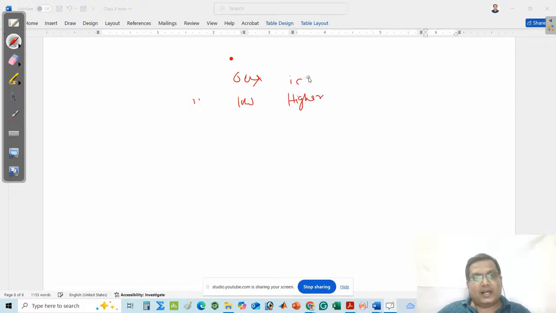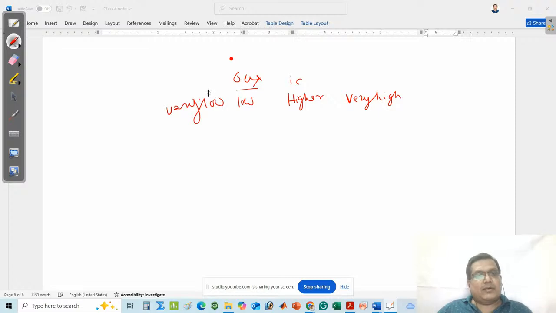If the oxidation number increases again, that means very high. You can write here very high. Here you can also write very low, very low as compared to the OUS. Very high as compared to the IC.